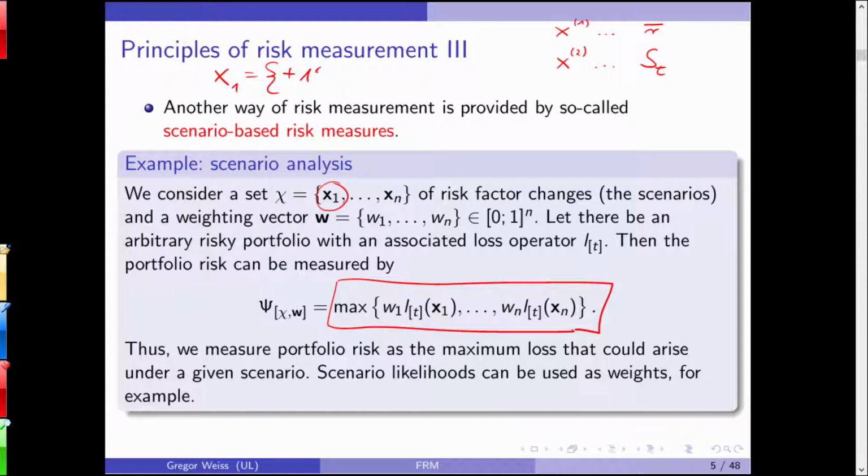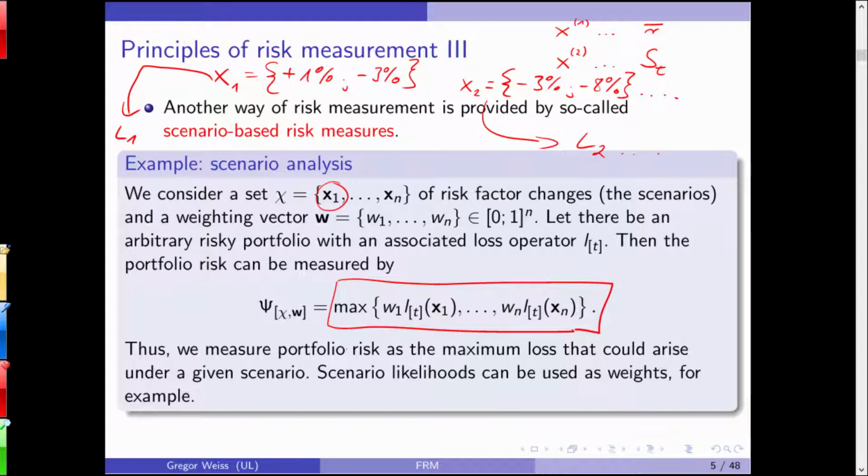For example, plus 1%, minus 3%. X2 could then be a different scenario, -3%, -8%, and so on. And we have different scenarios for those two risk factors. We then include those scenarios in the loss operator, meaning that we get a potential loss L1, we get a potential loss L2, and so on.